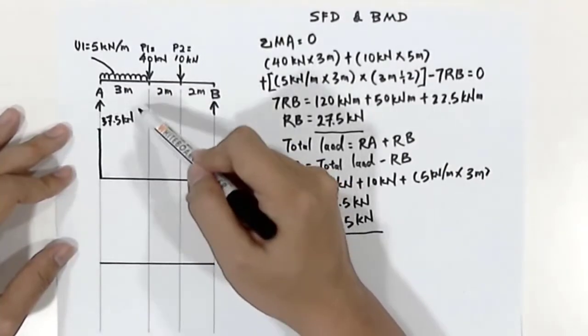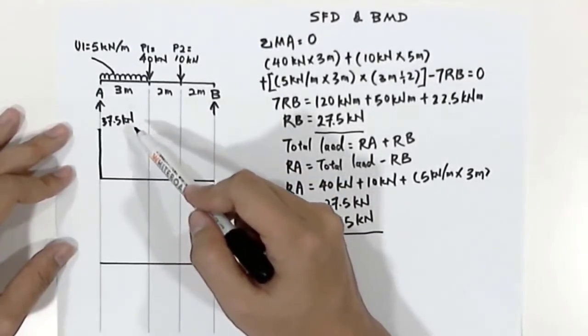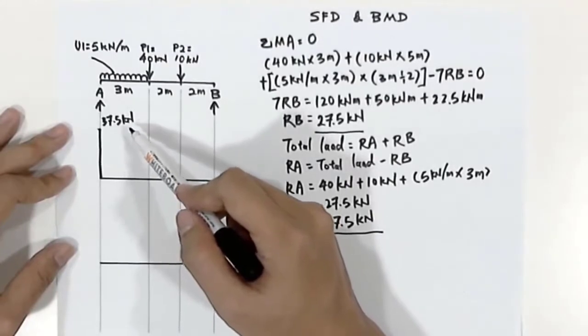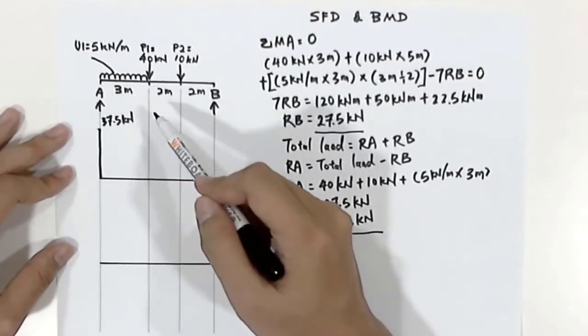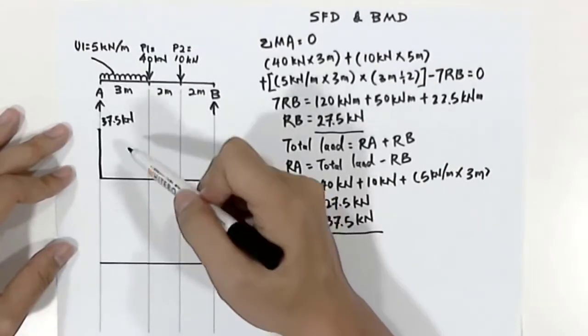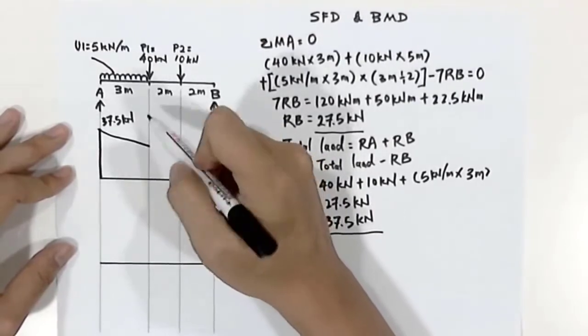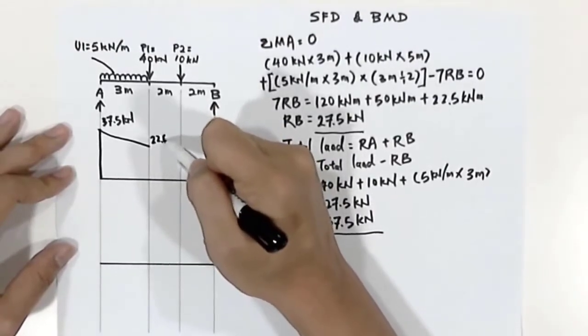Therefore the value 37.5 kilonewton will be deducted by 15 kilonewton, and the value we'll get will be 22.5 kilonewton.